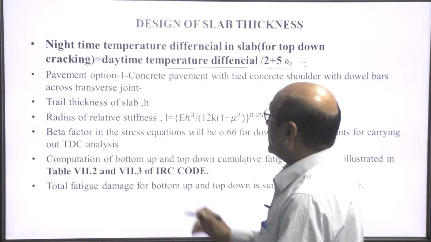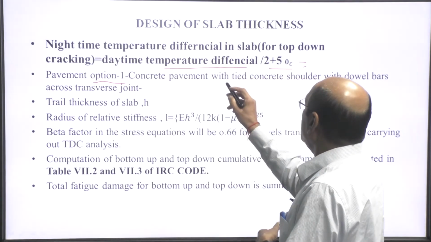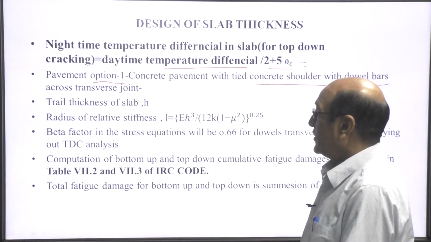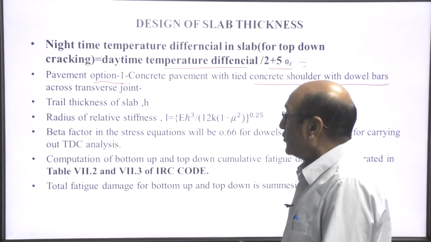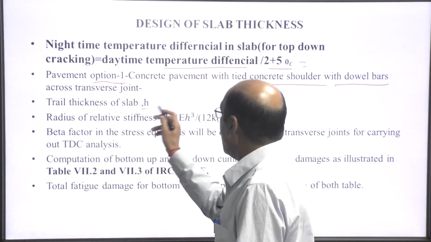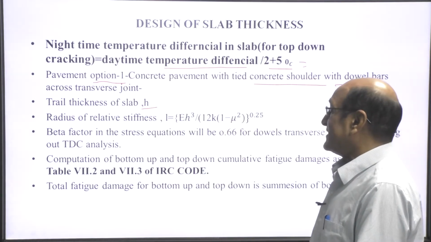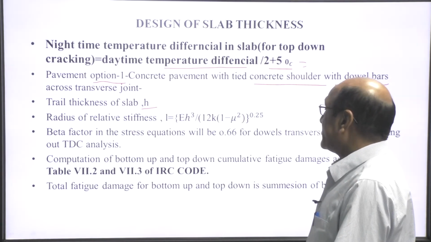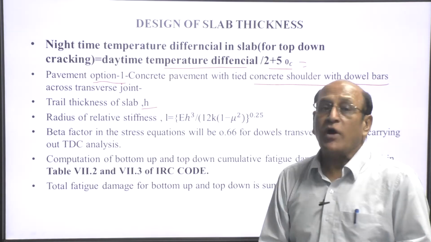Now, pavement option 1, concrete pavement with the tied concrete shoulder with the dowel bars. So, there are many conditions for designing the rigid pavement. So, here the trial thickness of slab is h. Now, radius of relative stiffness, that is L, will be equal to (E h cubed divided by 12 K (1 minus mu squared)) to the power 0.25.